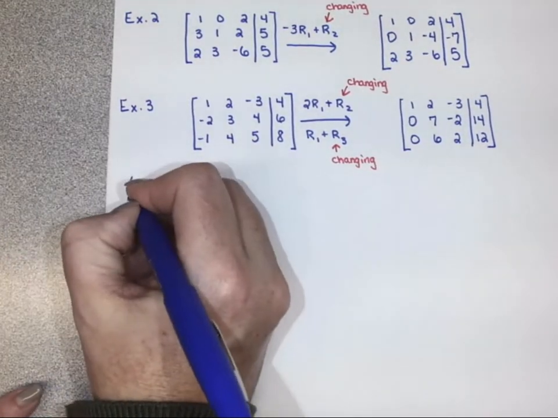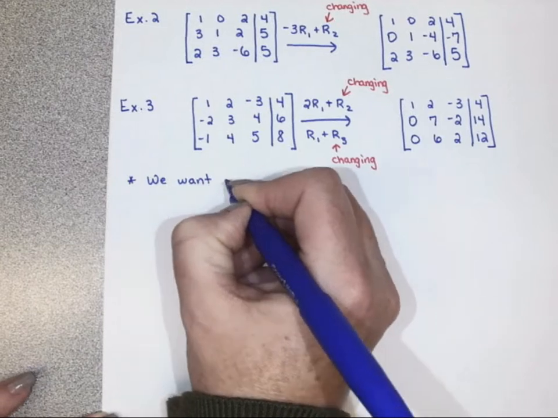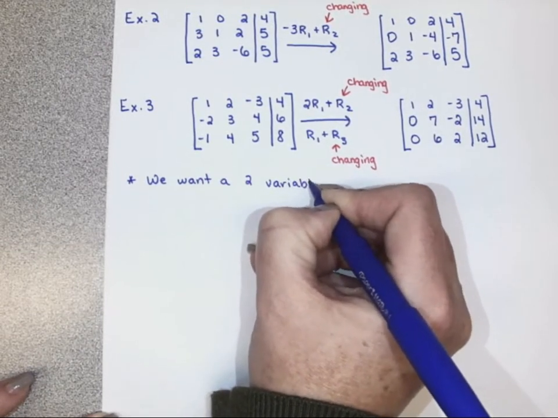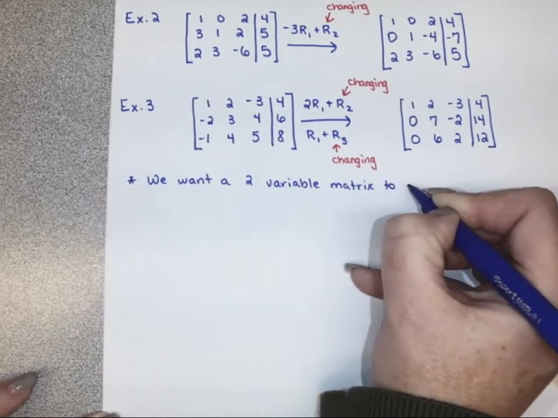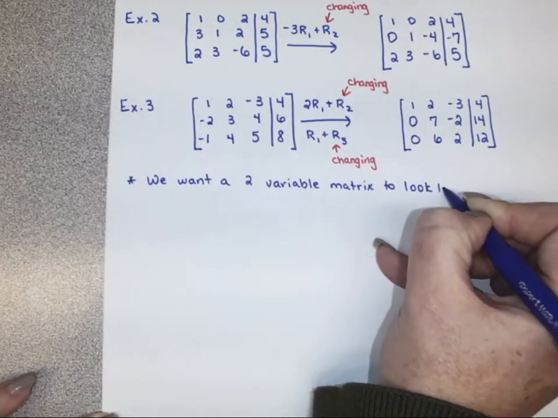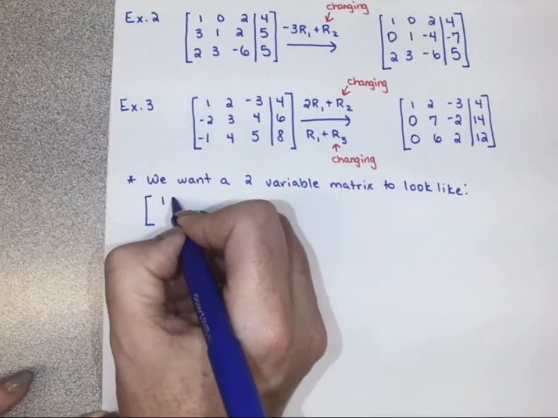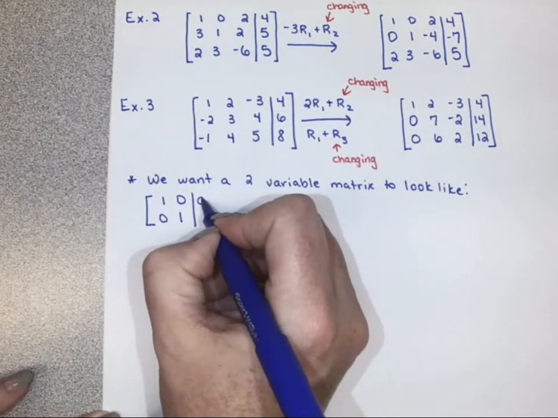All right, so how are we going to get the matrix to look like we want? Remember, let's start with 2 variables. We want a 2-variable matrix to look like the following. We want it to look like 1, 0, 0, 1, and then we don't care what numbers show up here.